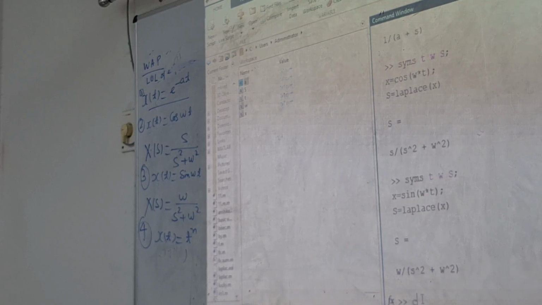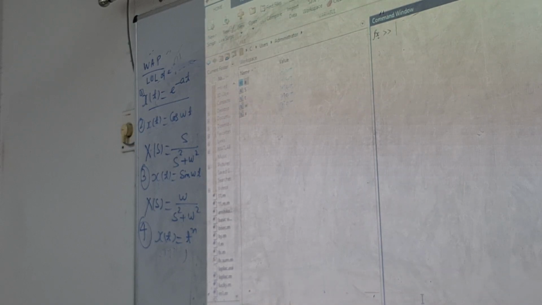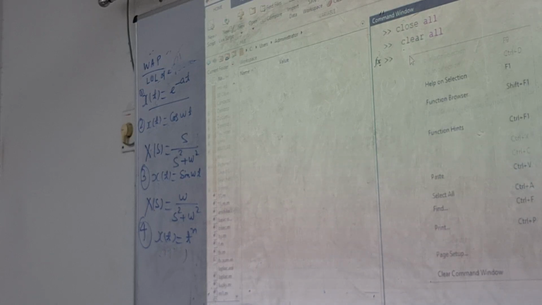Here I have written clc, clear the window, close all and clear all, and simply type the command in the command window and enter it.